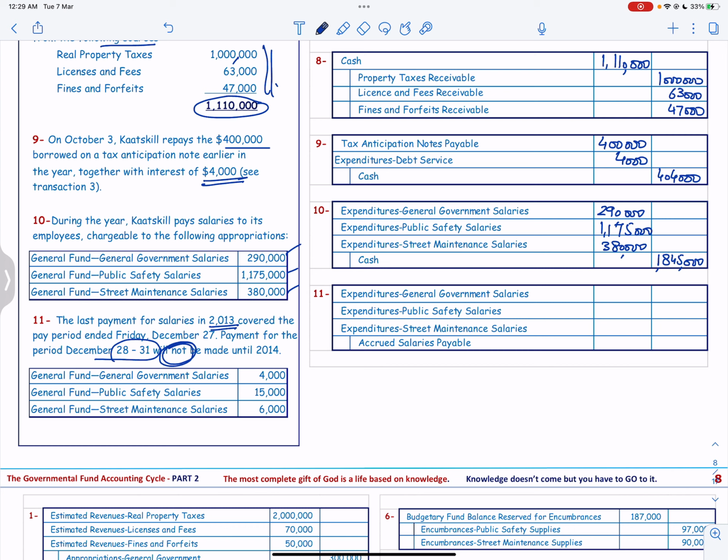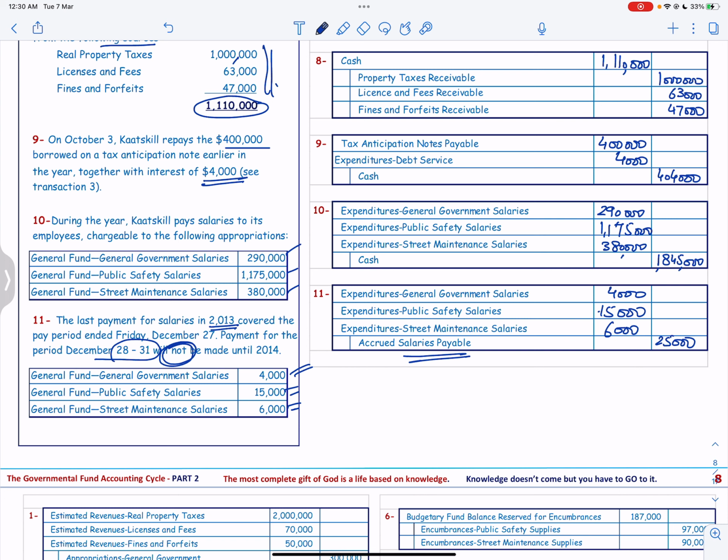The general entry will be once again general fund, general government salaries expenditure is debit by 4,000. Expenditures public safety salaries is debit by 15,000, and expenditures street maintenance salaries is debit by 6,000, and we are not paying, so this is going to be accrued salaries payable, and this is going to be credited by 25,000.